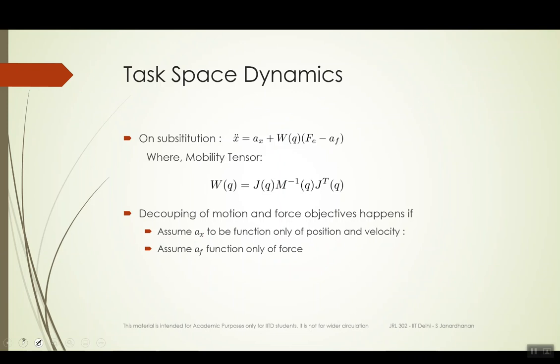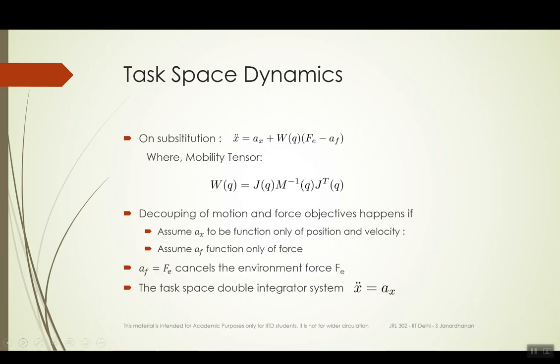In addition, if you assume that AF is Fe, this term just disappears, and the task space dynamics becomes a double integrator system, x double dot is AX.